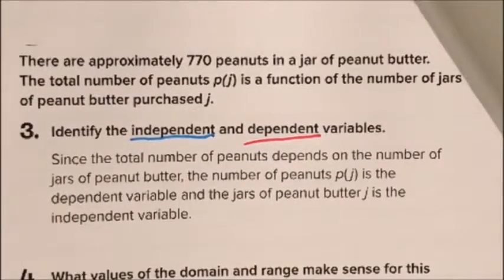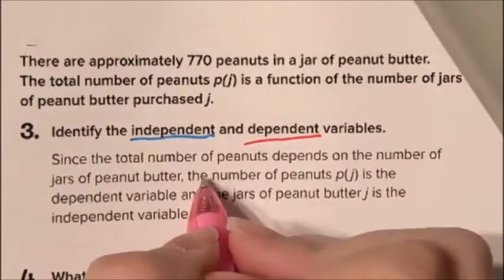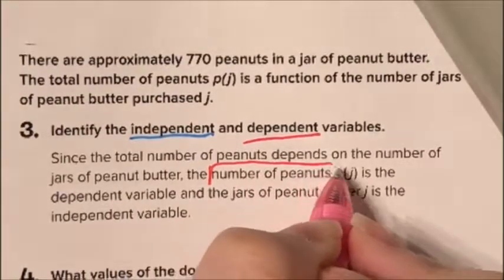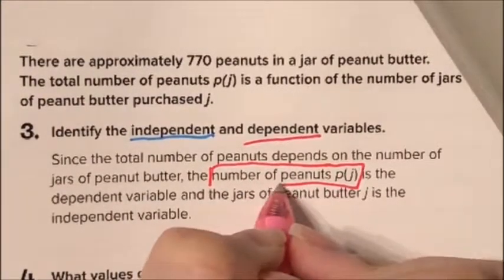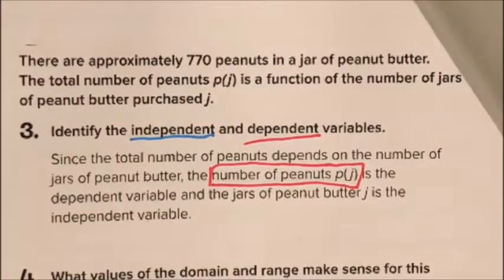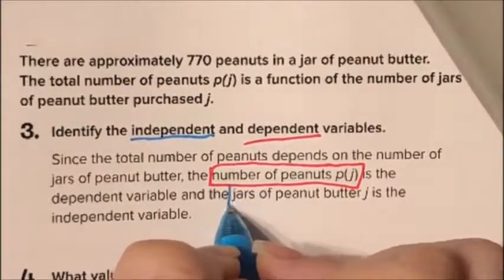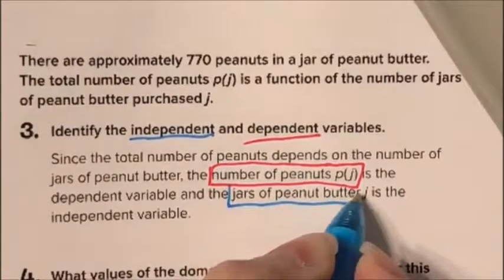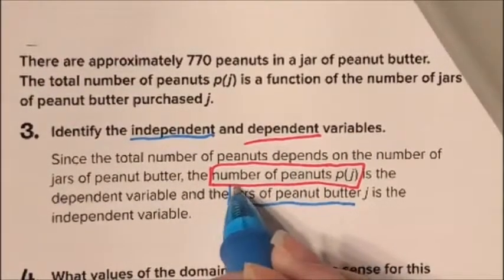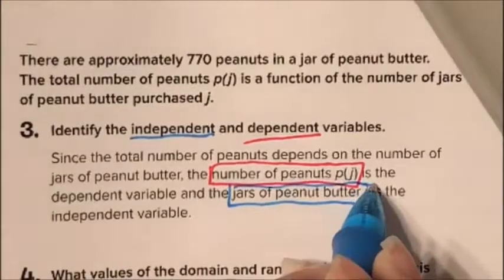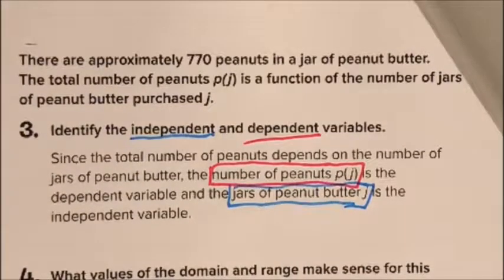Since the total number of peanuts depends on the number of jars of peanut butter, the number of peanuts is the dependent variable, and the jars of peanut butter is the independent variable.